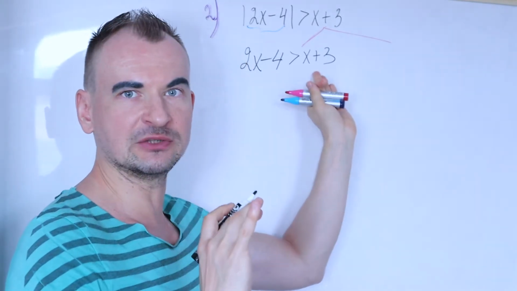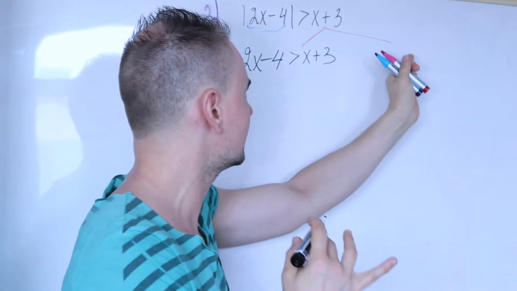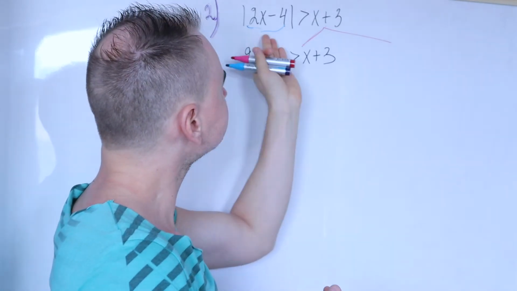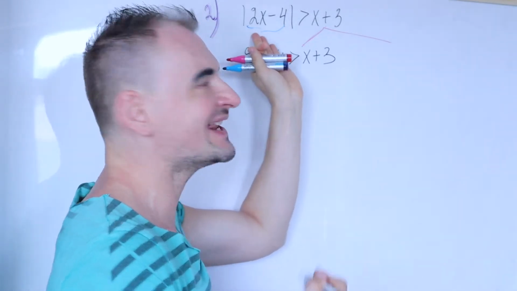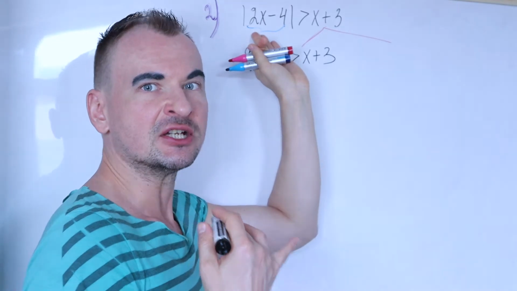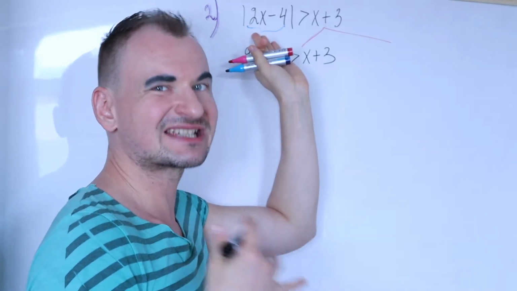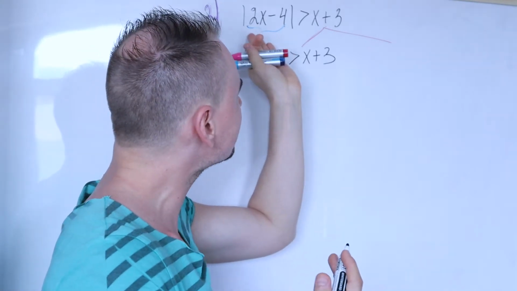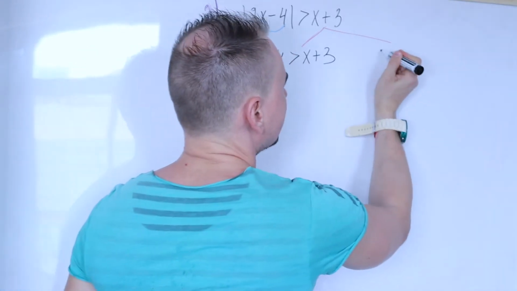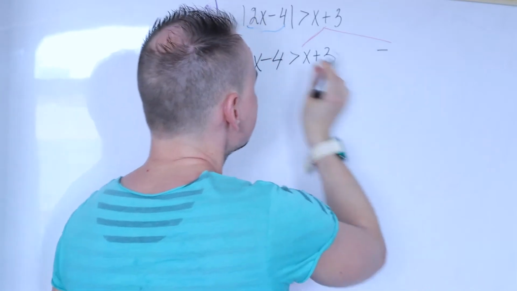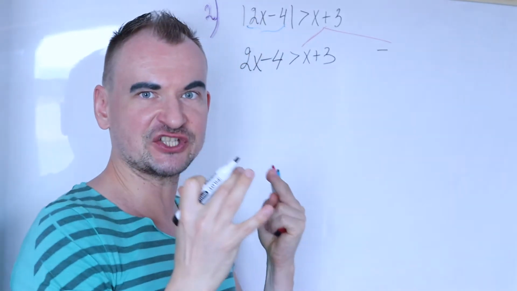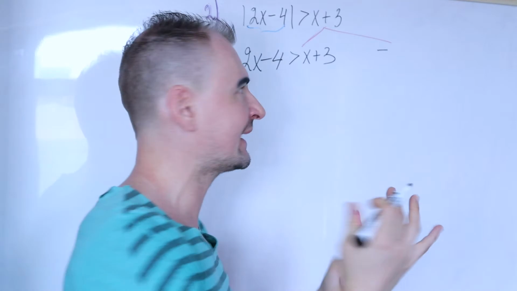So no absolute value bars. We got rid of this. The second one, we're going to take the negative version, what basically your absolute value function spits out. So negative version of inside. So negative, and because I have the expression, I have to draw the parentheses.